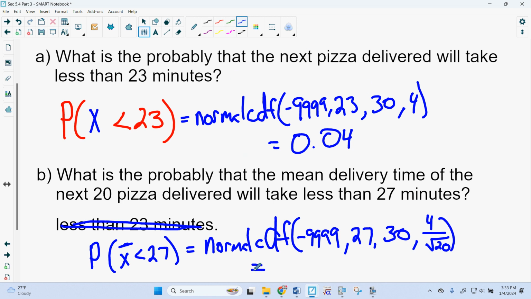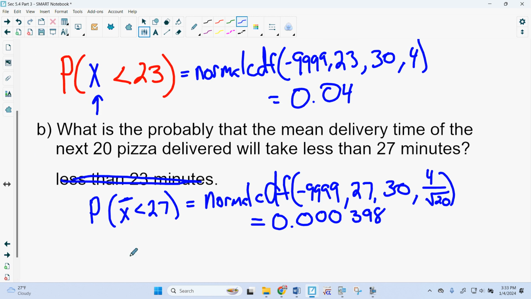And if we put that in the calculator, we get 0.000398. So once again, you want to decide, are we looking at a single pizza or a single thing that's just x, or are we looking at the mean of a sample, and that is x bar?